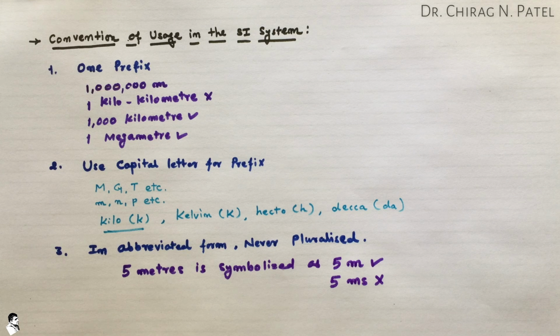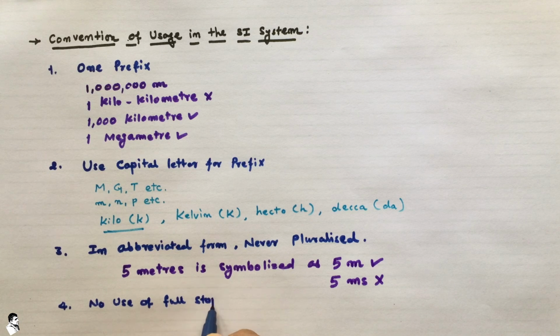Furthermore, the fourth rule: an abbreviation is never followed by a full stop. So whenever you write units like T, do not put a full stop.